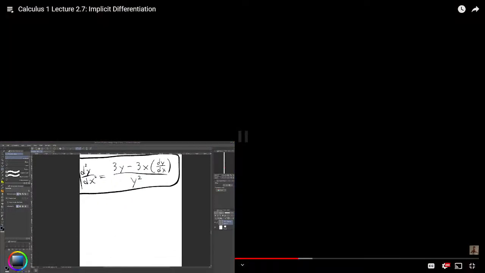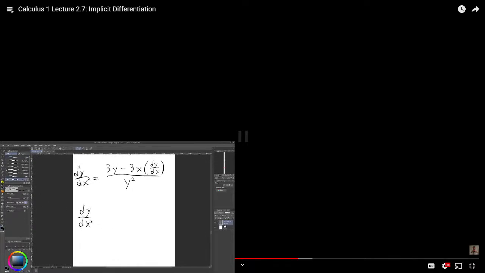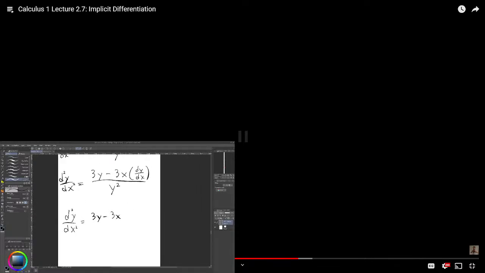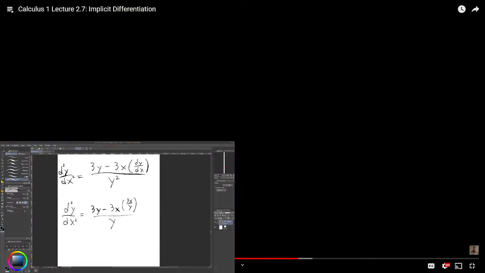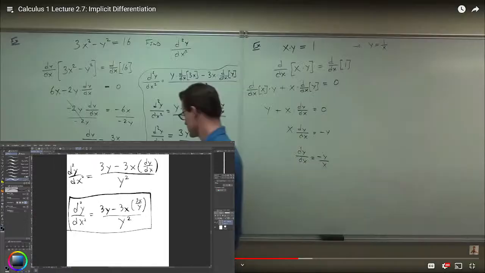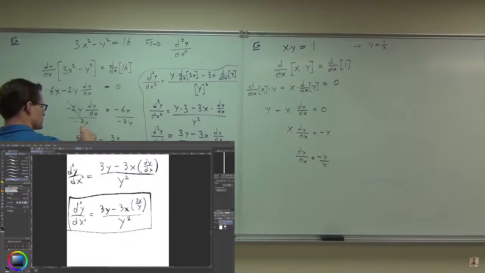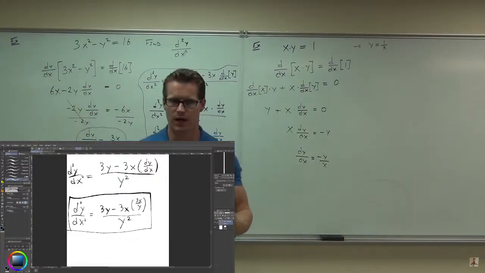Nice. So you're going to find dy dx, but if you're taking the second derivative, you will have already solved for dy dx. That's cool.